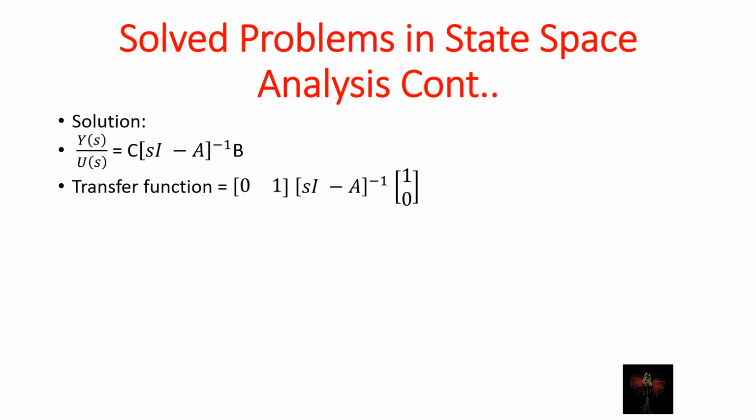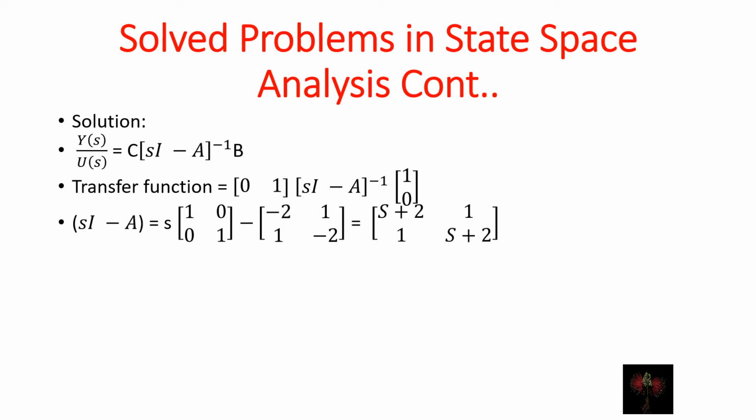Now we have to calculate the value of si minus A. I is the identity matrix. Here 2 by 2 value is given for A value. So we have to consider the 2 by 2 identity matrix I. So s into 1 0 0 1 identity matrix minus minus 2 minus 1 1 minus 2.